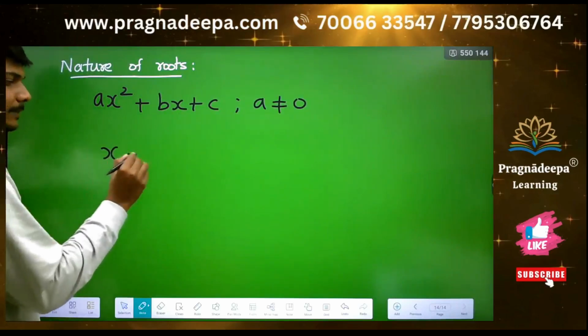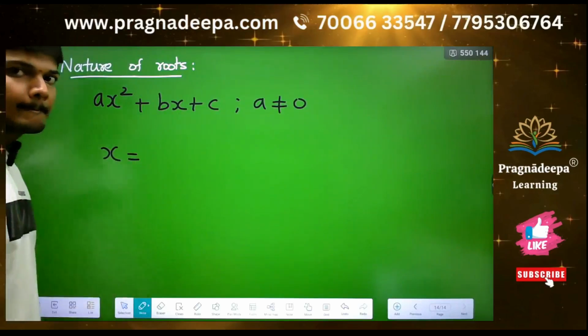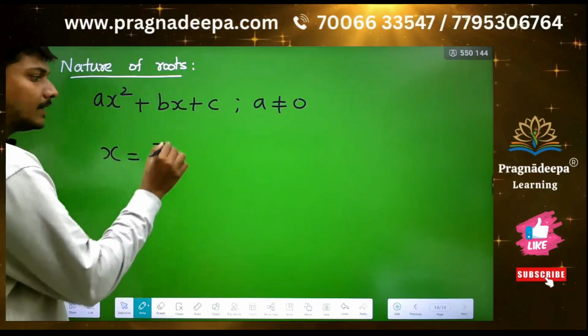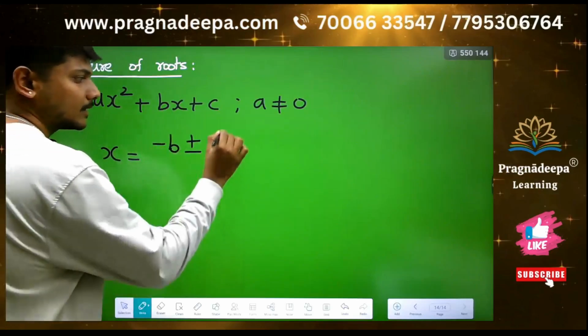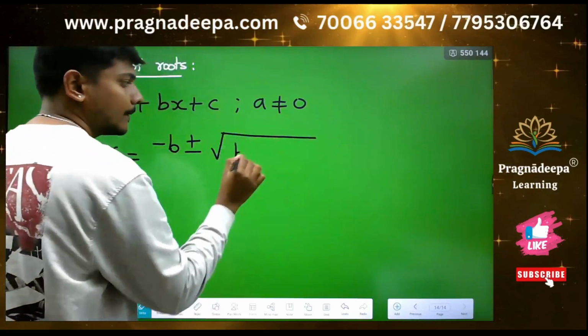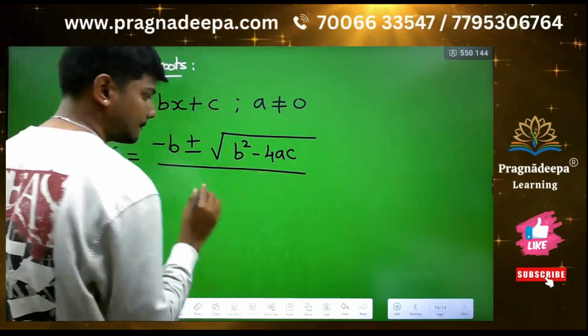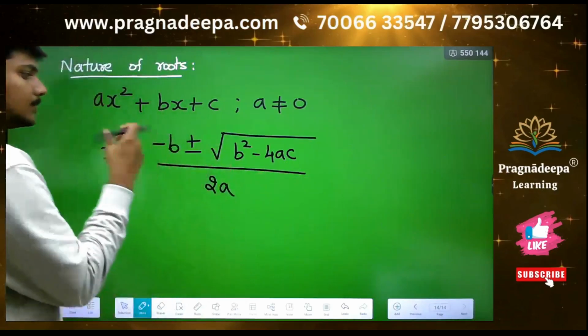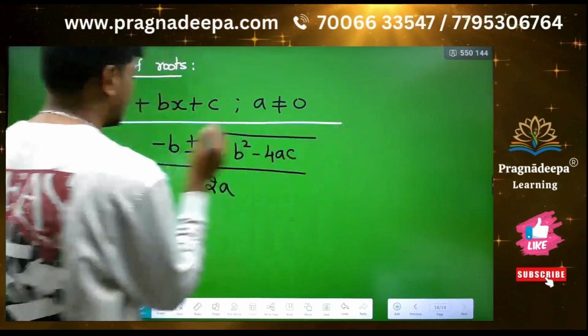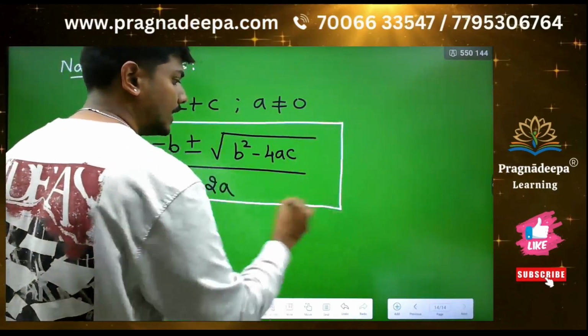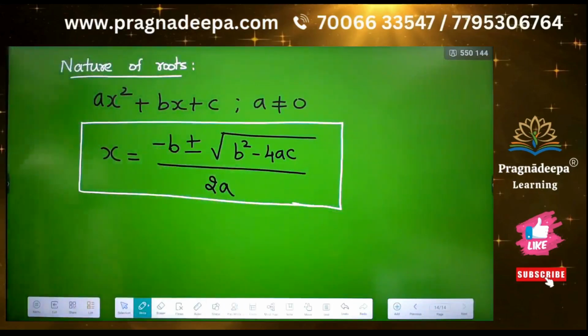Therefore x will be equal to minus b plus or minus square root of b square minus 4ac divided by 2a. This is the formula to find the roots of any quadratic equation.